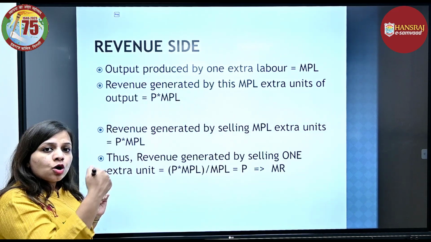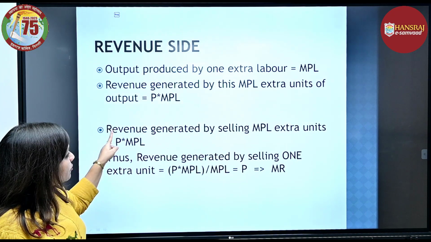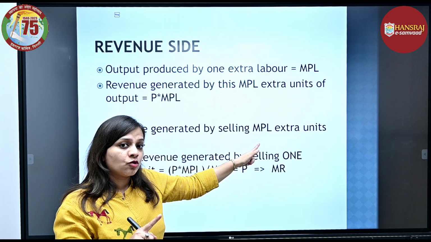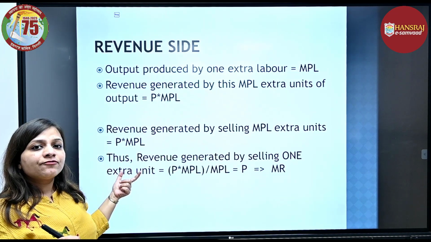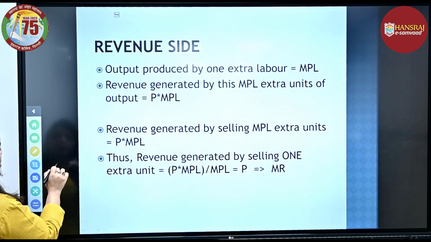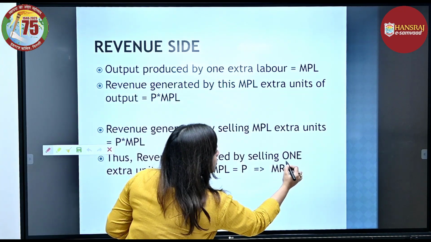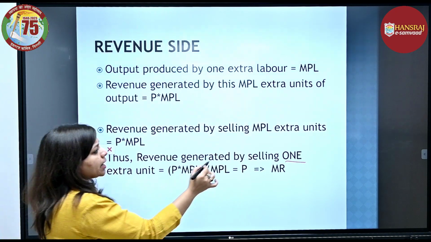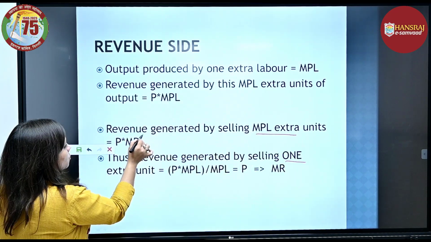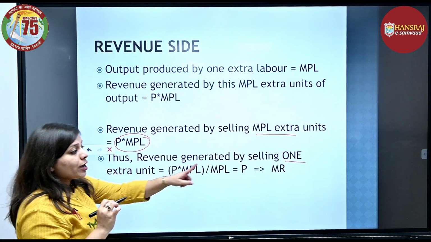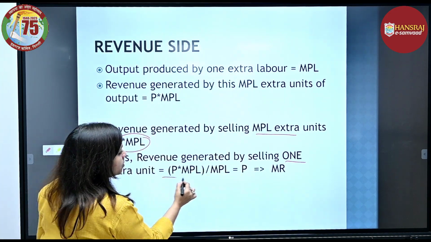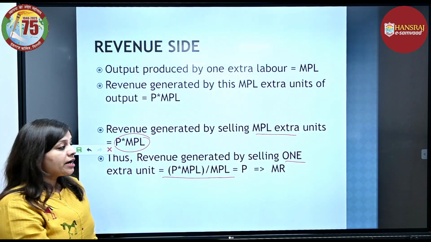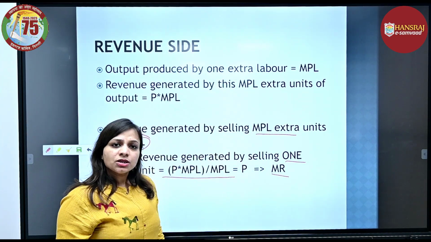And the corresponding statement is that if this is the revenue that the firm is generating by selling MPL units of output, then what is the revenue that the firm is generating by selling one unit of output? Simple unitary method. If selling MPL units gave this much, then how much will selling one unit give? And by definition, that is nothing but marginal revenue.